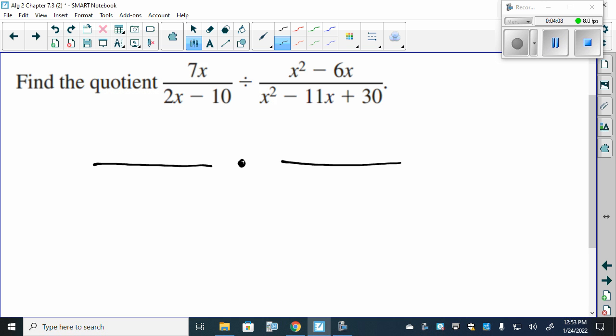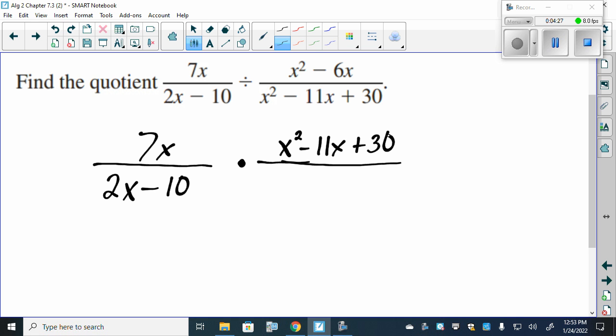Because for us to be able to divide two fractions, we change it from division to multiplication and flip the second. So our first one's still going to say 7x over 2x minus 10. The second one is going to flip, so we're going to have x squared minus 11x plus 30 on top, and x squared minus 6x on bottom.